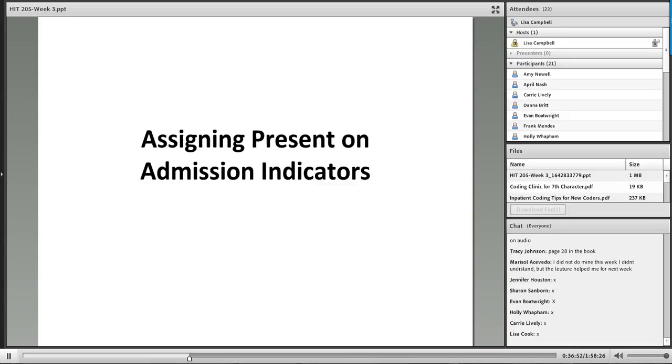All right, next up on my agenda for today are POA indicators. So before you begin, let's get over to the POA indicators in the coding guidelines.